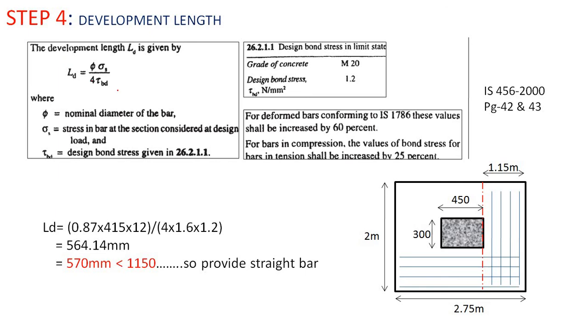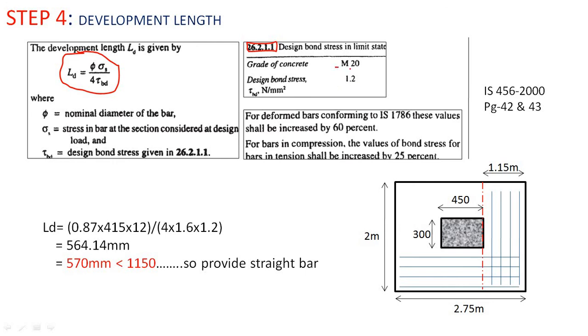The equation for the development length is already provided in IS 456-2000, page numbers 42 and 43. Here the equation is Ld equals diameter of reinforcement times sigma s upon 4 tau bd. The value of tau bd will be obtained from the table in clause 26.2.1.1, page number 43.